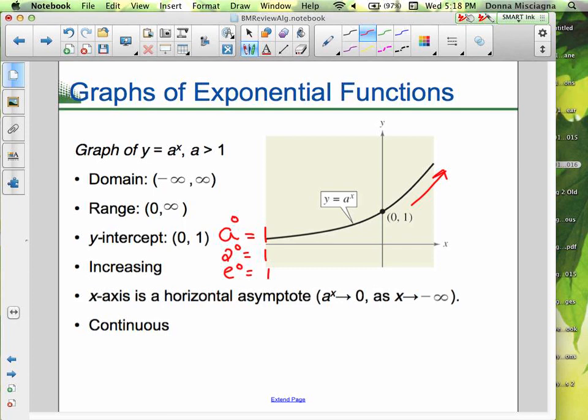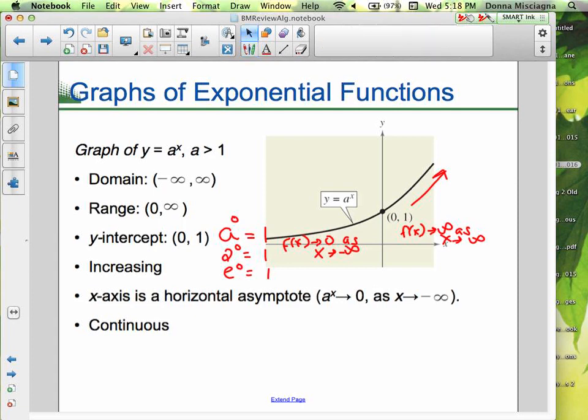As x goes to infinity, f of x goes to infinity. But on the other side, because of the horizontal asymptote, f of x goes to 0 as x goes to negative infinity. So that's a horizontal asymptote as we're going to the negative side. And it is a continuous function.